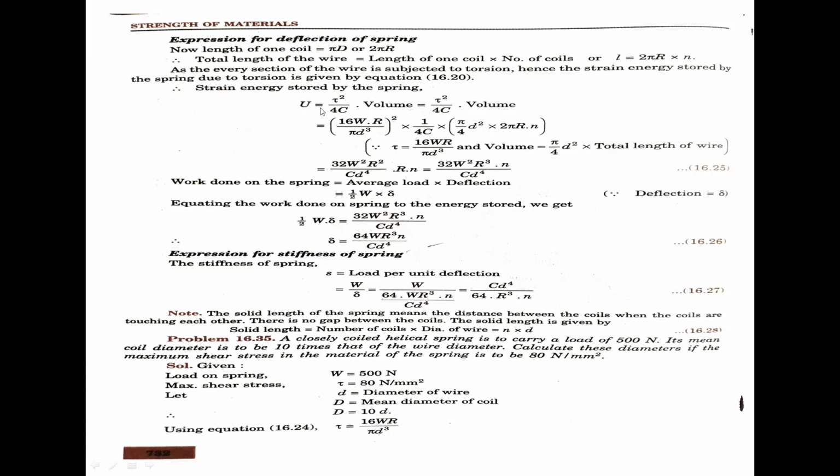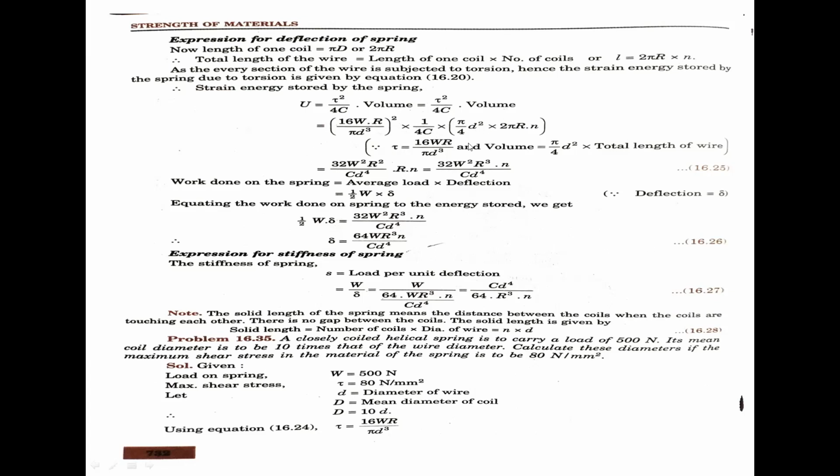Energy stored by the spring U is equal to tau square by 4c into volume. Tau is 16W R by pi d cube, squared, into 1 by 4c into volume. Volume is area into length, where length L is equal to 2 pi r n and area is pi by 4 d square.